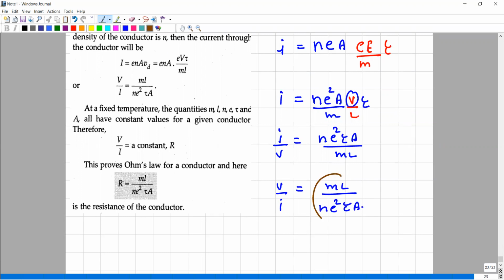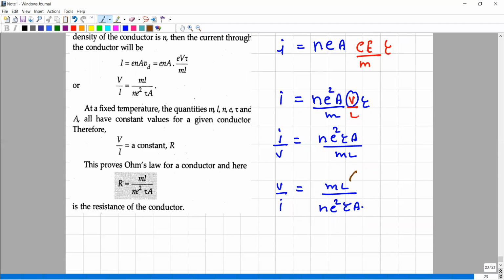Now in this expression, you will find m is the mass of electron. What was m? Go back and see. m was mass of electron. l is the length of the conductor. n is the number of electrons per unit volume. e is the charge of the electron. tau is the relaxation time, and A is the area. All of them are constant.